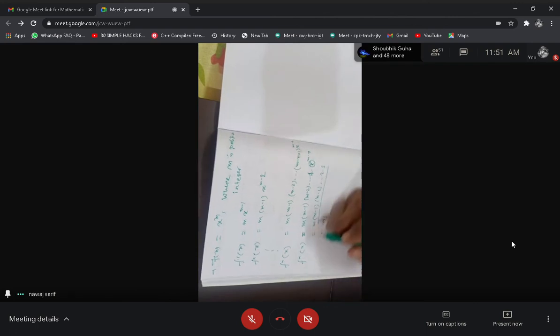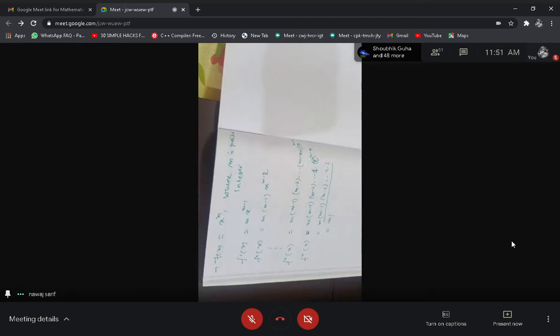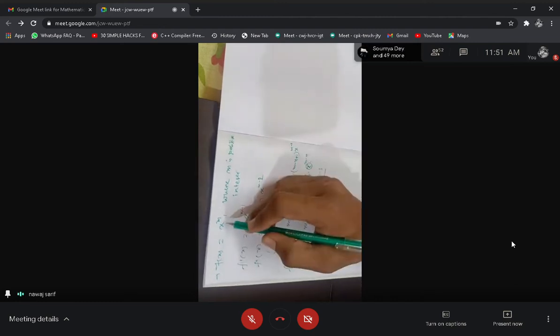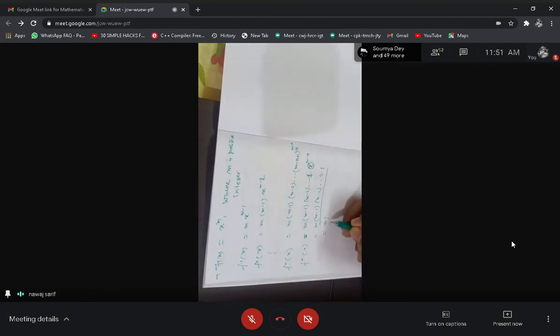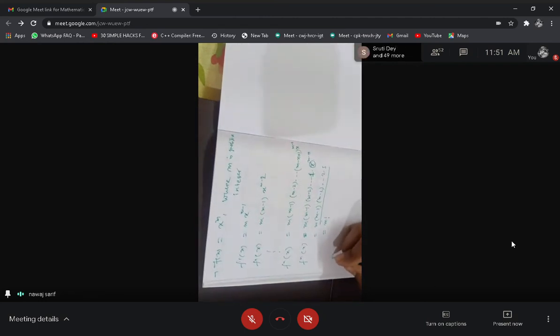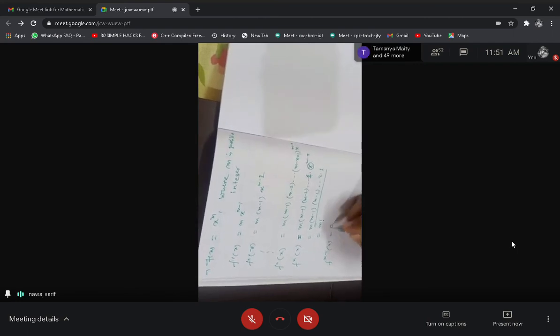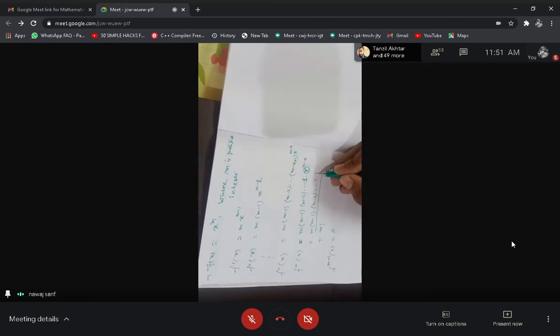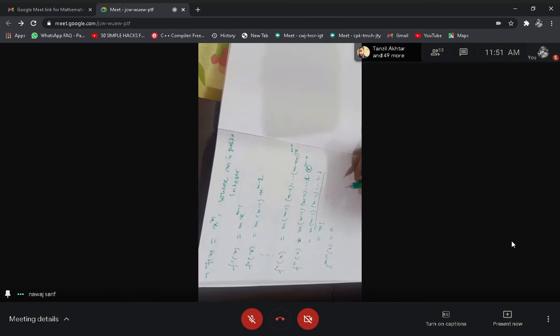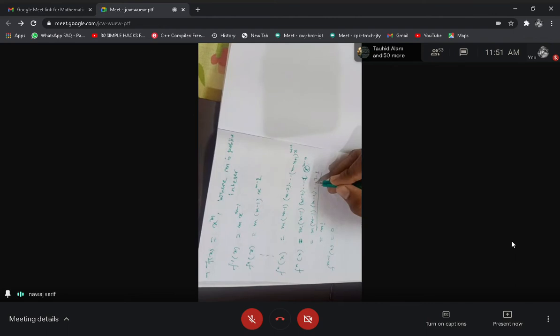That means the mth derivative of this function is a constant function. And if I take the m plus 1th derivative, then it will be 0. If the last term is 2, then the previous term is 3, and it goes like this up to m.